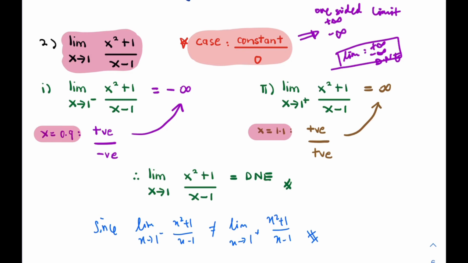Let us conclude our answer. Limit as x approaches 1 from the left is negative infinity. Limit as x approaches 1 from the right is positive infinity. Since the values are not the same, we can conclude that the limit of this function as x approaches 1 does not exist, since the limit from the left is not equal to the limit from the right.